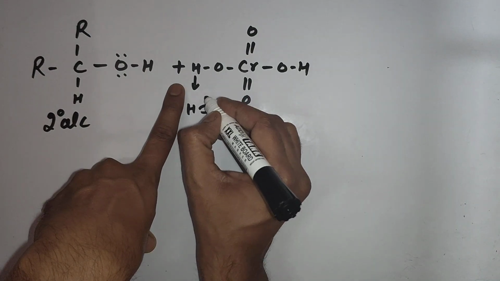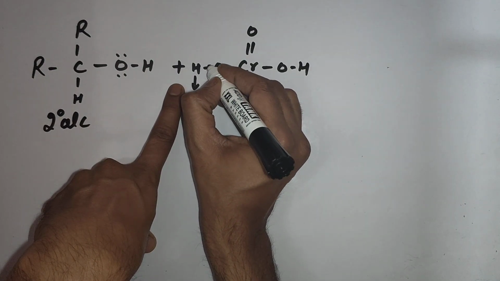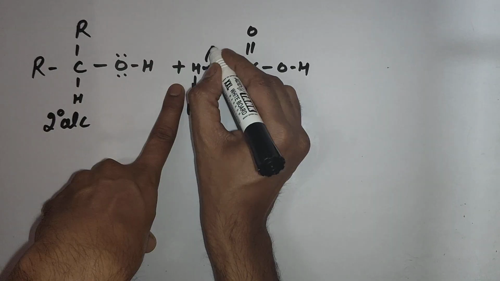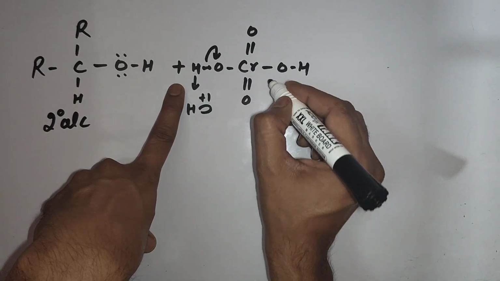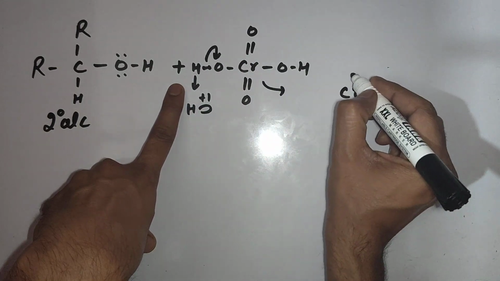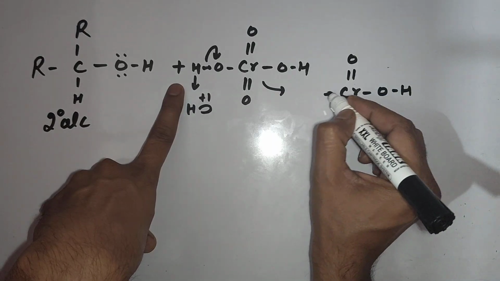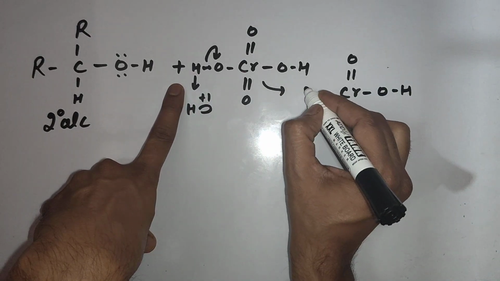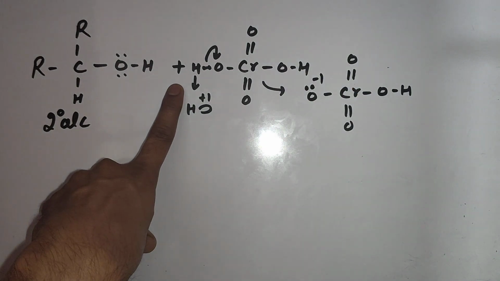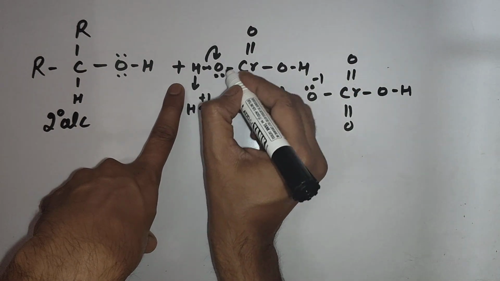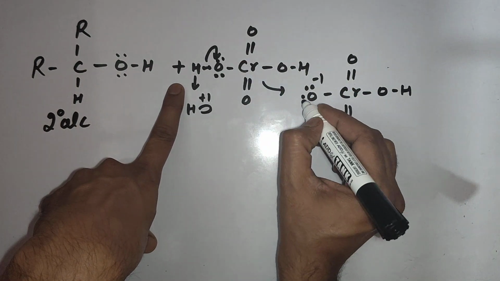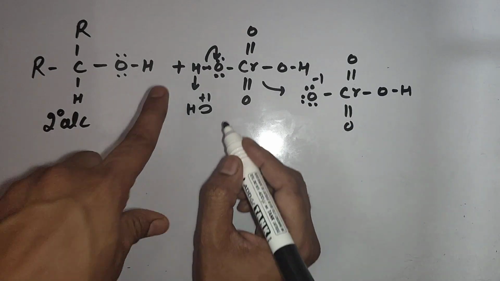H positive. Due to which these electrons will shift toward oxygen, due to which this particle will become an anion. This oxygen will get the extra electron of hydrogen, so negative charge, and already it has 2 pairs on it, so total 3 pairs will be there.